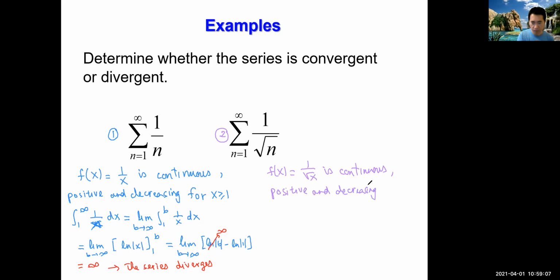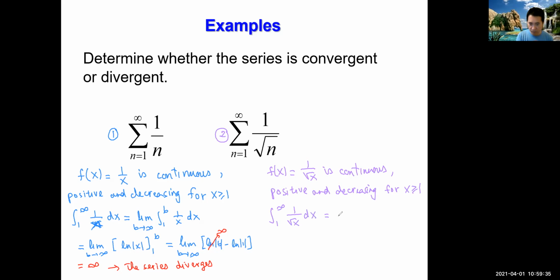In other examples it's harder, but this one again is very obvious. I think they are true if x is greater than or equal to 1. Then it's continuous, positive and decreasing. And again, you're going to consider this integral from 1 to infinity, 1 over root x dx.